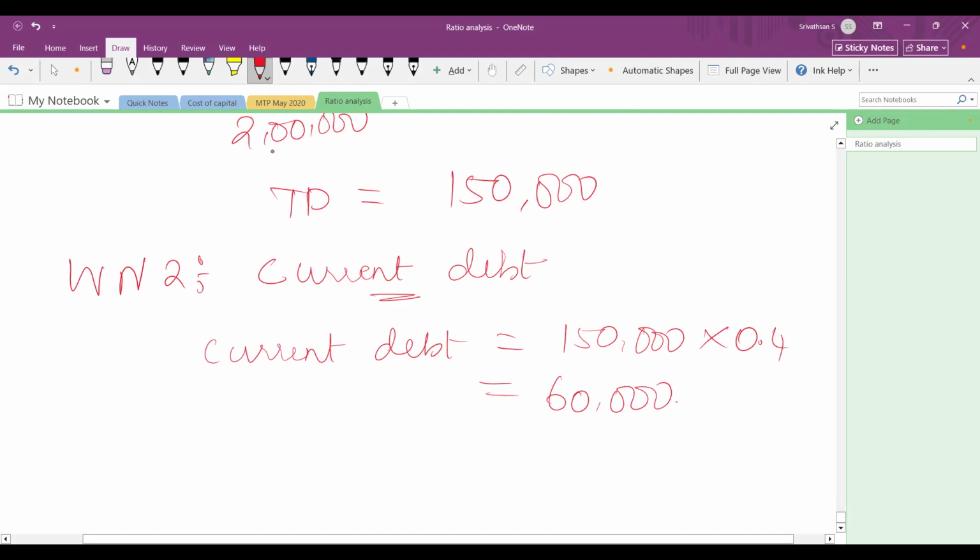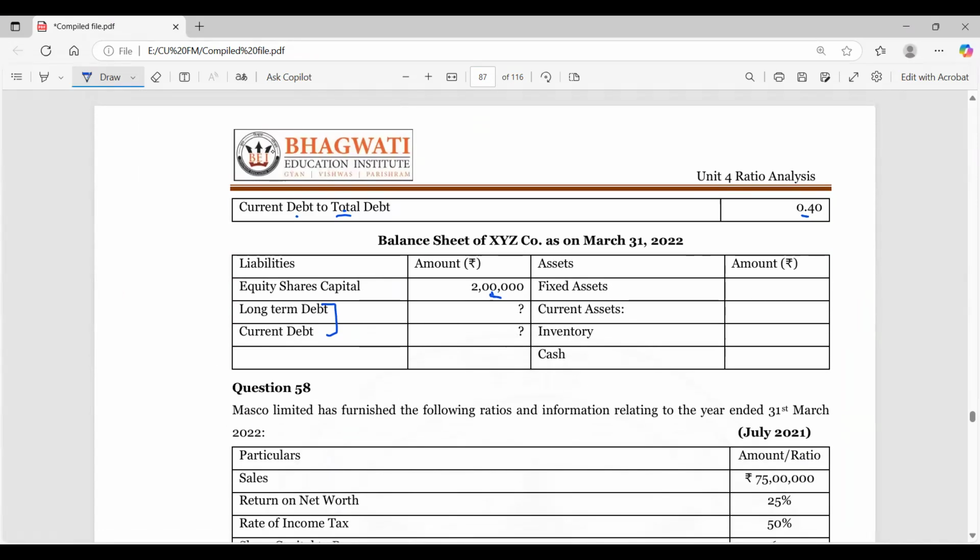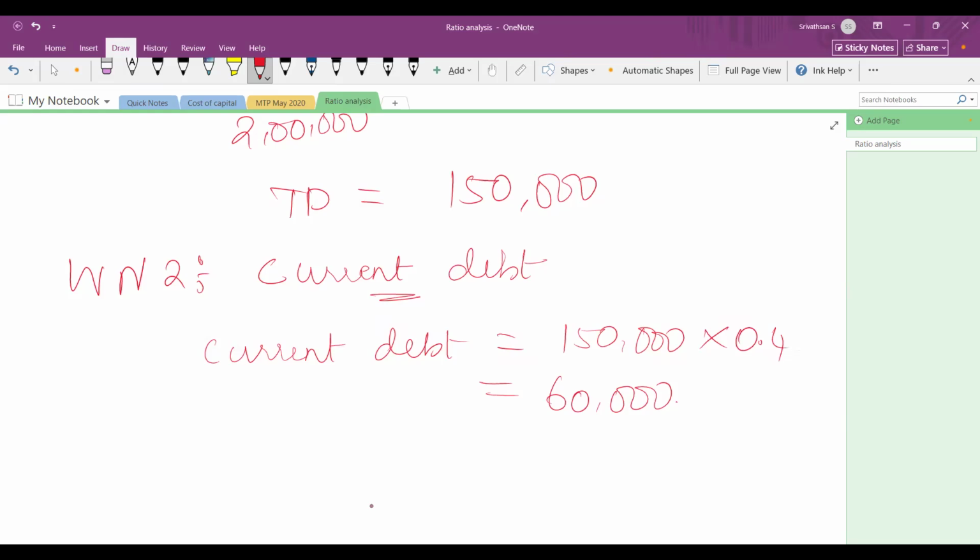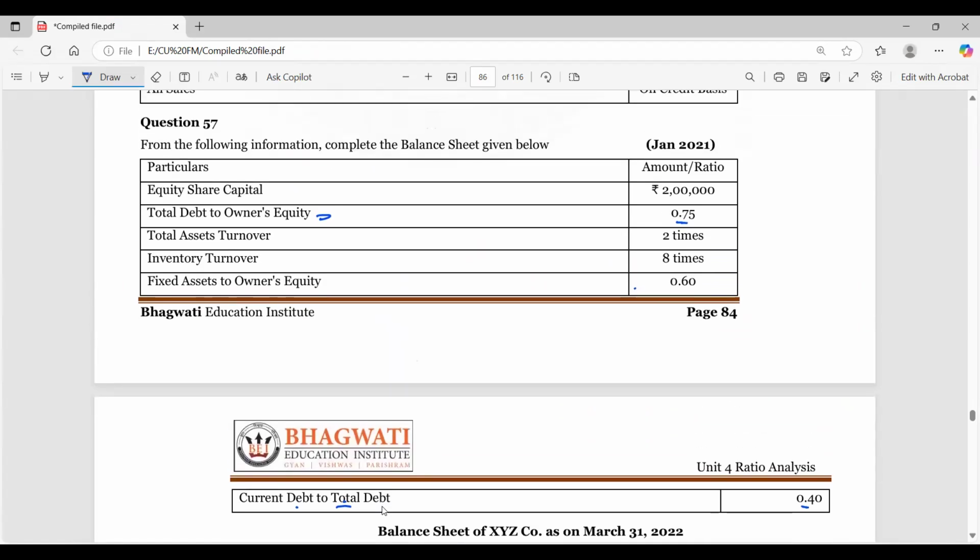Did you all understand this part? Is it clear? Now listen, on the liability side, current debt is 60,000. What will be the long-term debt? 90,000. So totally it is 3,50,000. Clear?